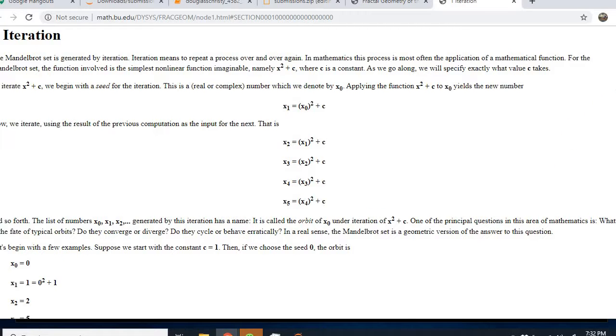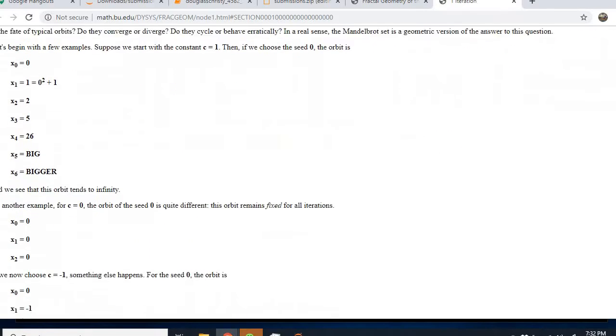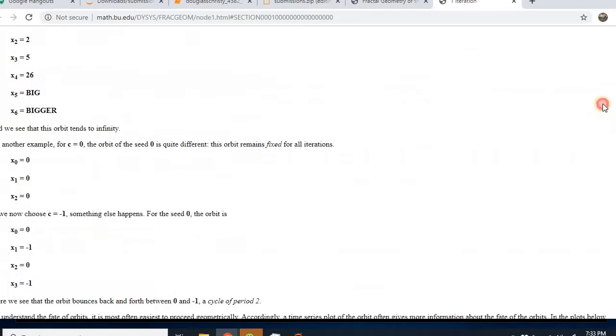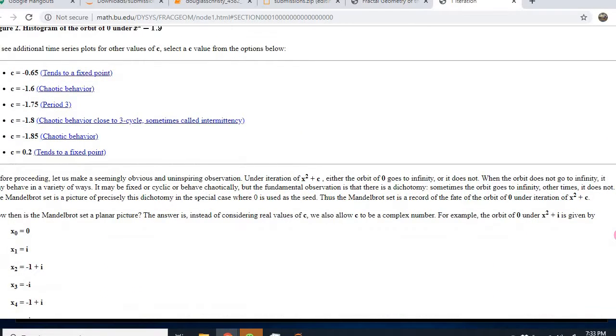And I think all this other stuff is just a nice review to see how it works out. Here he's talking about what's called an orbit, and he's saying what's happening when this bounces around. All right, so let's go to the next one, and here's where he mentions chaotic behavior.